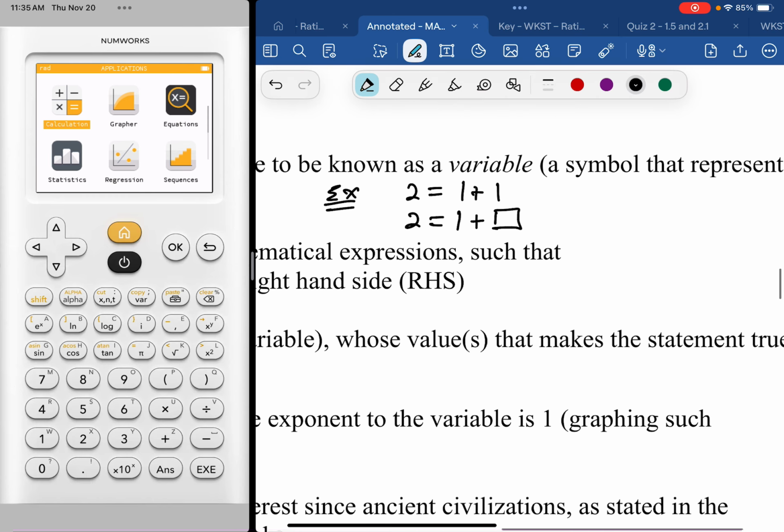For short, we tend to write this as something like 2 equals 1 plus x, but if you didn't want to use the variable x, you could also look at it as 2 minus 1 equals box. That's where the idea of subtracting from both sides of an equation comes from, or adding or multiplying or dividing. The idea is that if I want to know what this is, I would want to know how the 2 and the 1 would need to relate to one another.